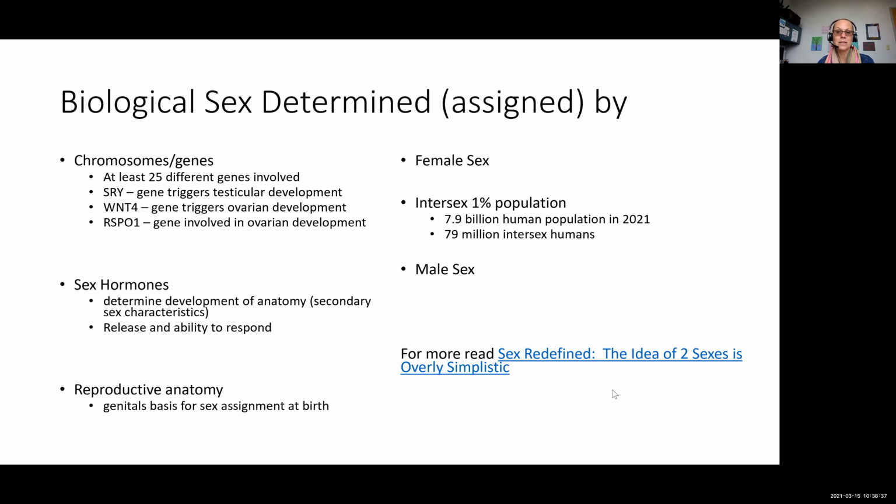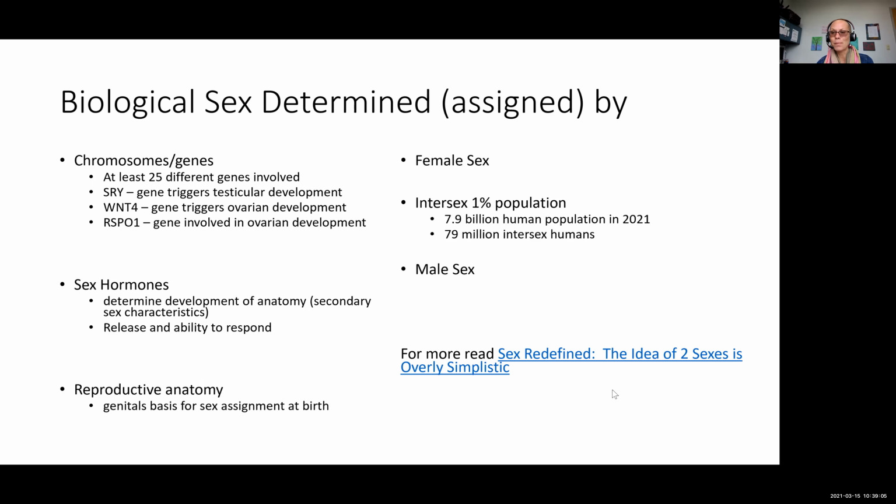So when we talk about sex assignment, typically what's happening there is either during gestation, you might have an ultrasound, and the genitals are seen during the ultrasound, and so the doctor says, oh, you're having a boy, you're having a girl. And so that's a very simplistic view, because that's based on just the visible external genitalia.